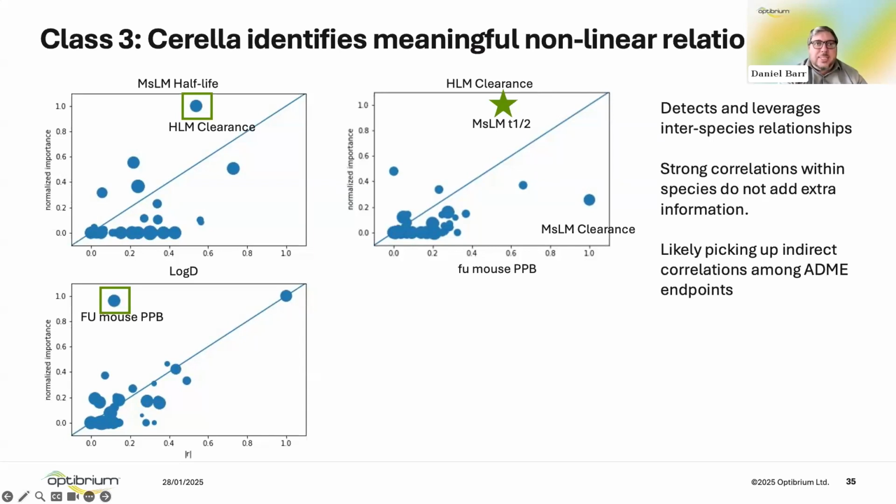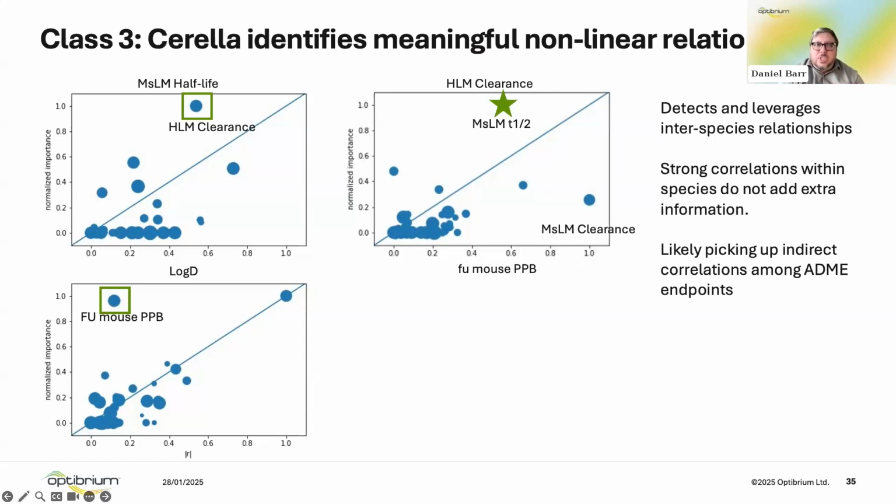At the top left, we're considering what endpoints are important for predicting the properties of mouse liver microsome half-life data. The endpoint that's most important for that prediction is the human liver microsome clearance. So Cerella's deep learning imputation detects and leverages interspecies relationships, which would be hard to identify in other approaches.